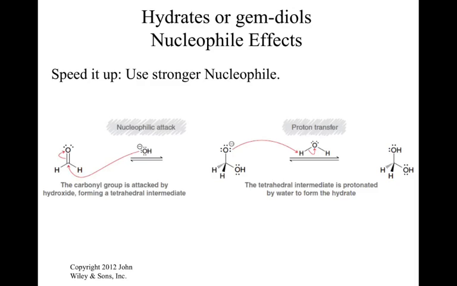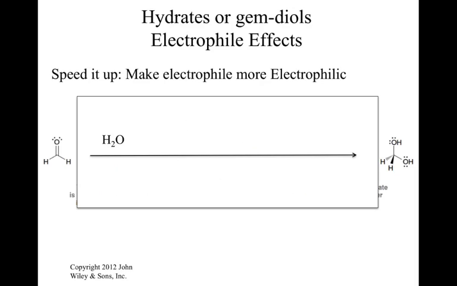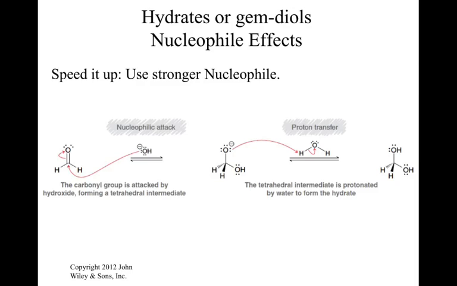We'd form the oxyanion, which can then be protonated by water or some other weakly acidic structure. If we wanted to use a strong acid, we could, but we'd have to say this is step 1 and this is step 2, or reagent steps instead of mechanistic steps. But we end up with our final hydrate product.